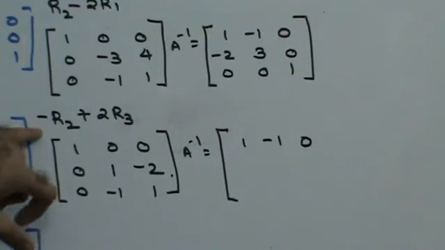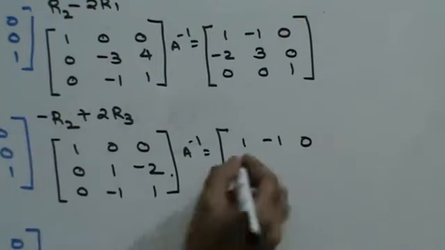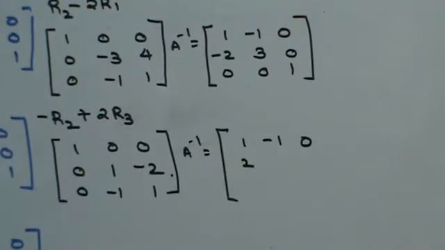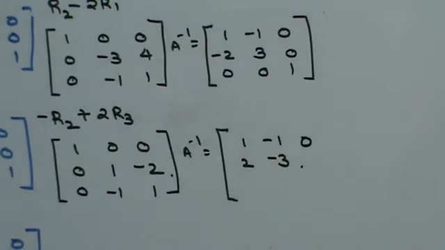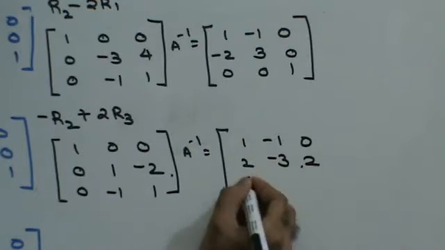Now, minus into minus, 2 minus 0 is 2, minus 3 minus 3 plus 0, minus 3, 0 plus 2 is going to give you 2.